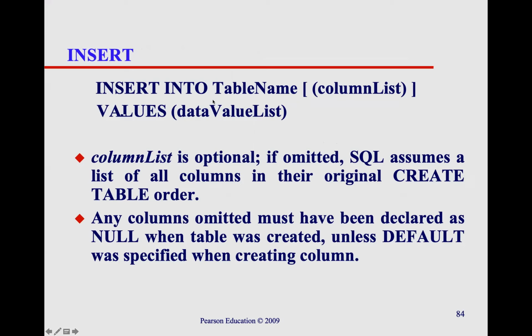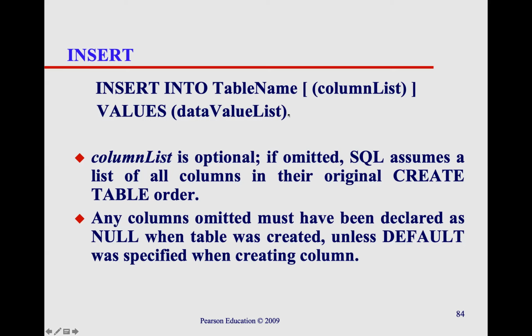So every insert inserts a row, and you can actually use a comma separated list of value statements. So you can insert multiple rows with the same insert statement. Just separate the values commands with commas.